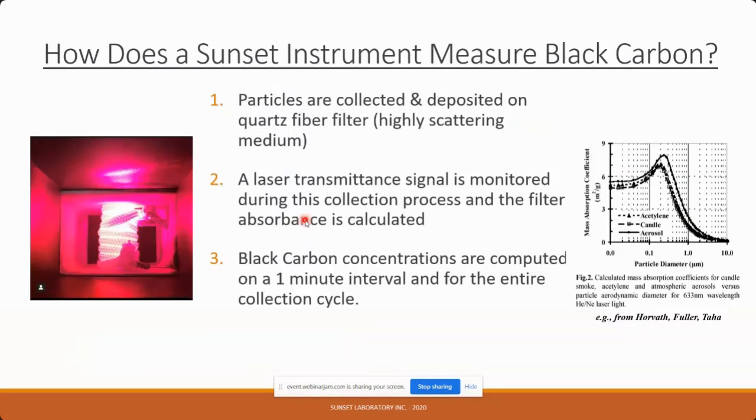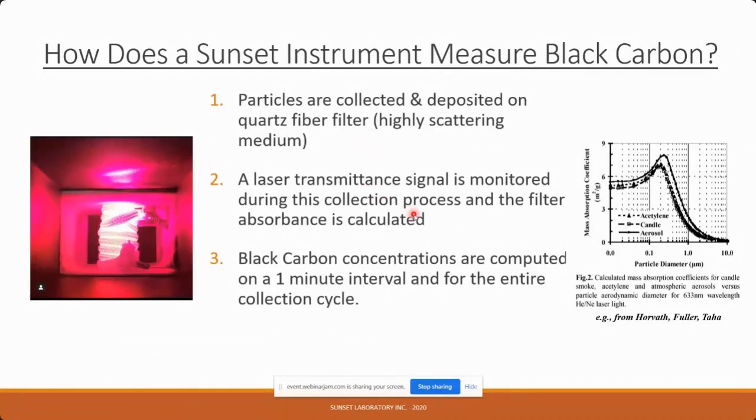So how is black carbon measured? This instrument that I'm talking about right now is measuring black carbon as well, and some people are curious about that. What happens is, first, aerosol particles that come through the sample inlet are deposited on a quartz fiber filter. We are then simultaneously measuring the laser transmittance through this filter, so we can see the color change on this filter, or the accumulation of aerosol.